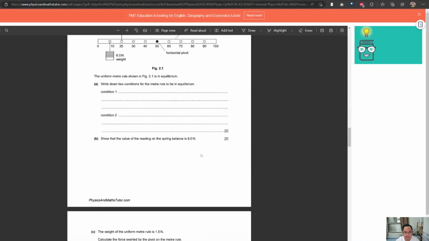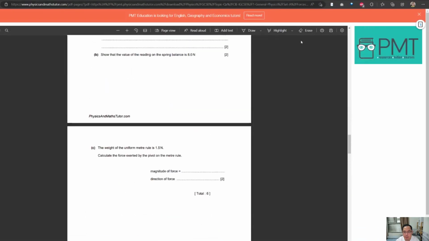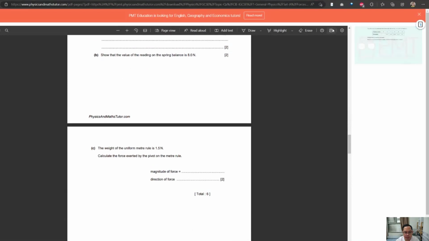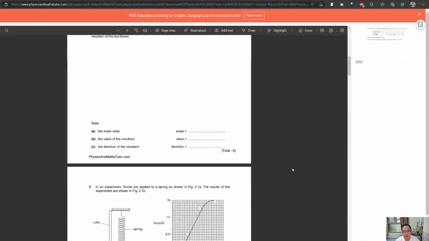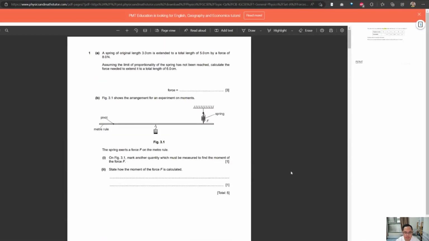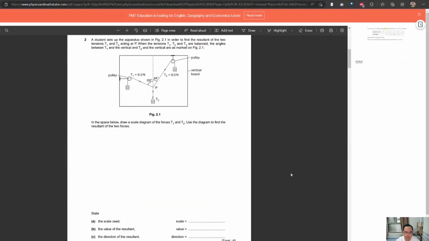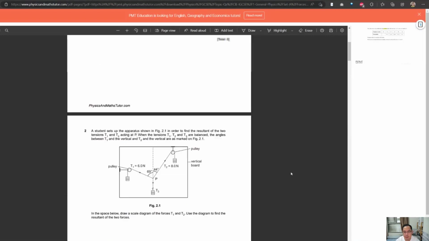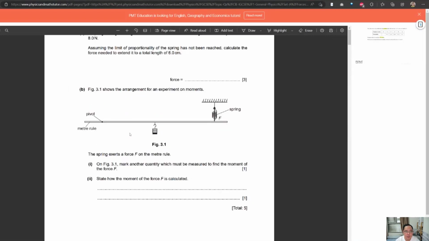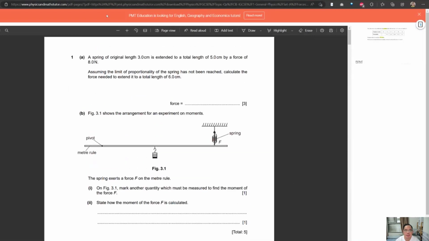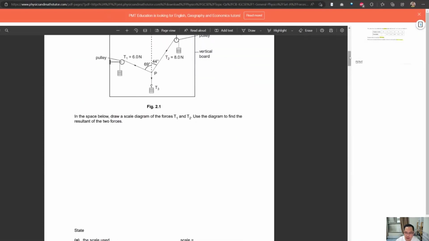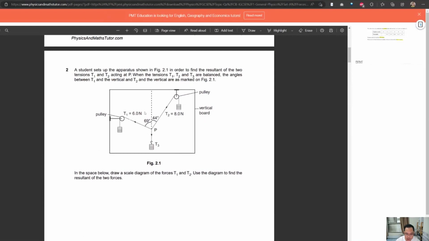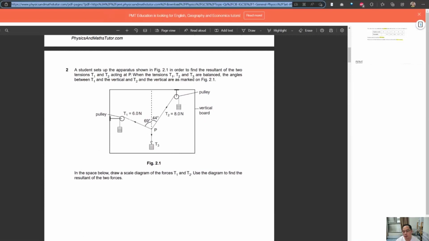Okay. I think you can do question 1 here pretty easily. So please move directly to question 2 here, because it's harder. Yeah, we need to practice with this one.